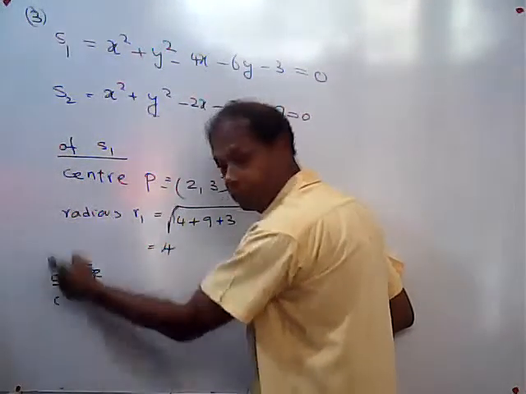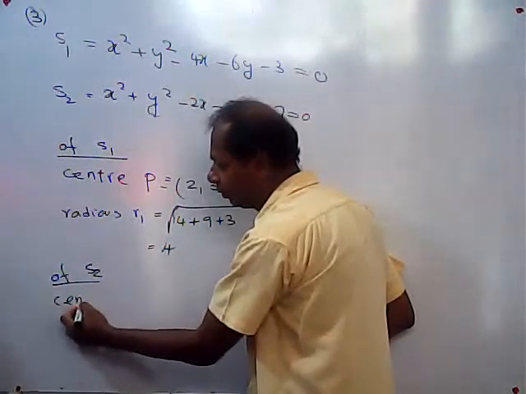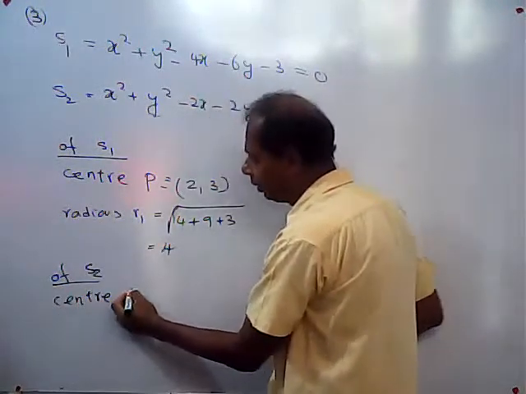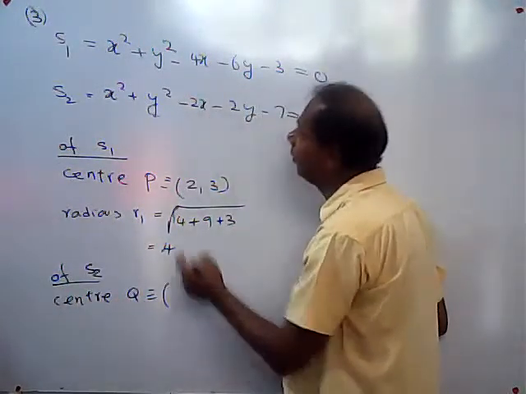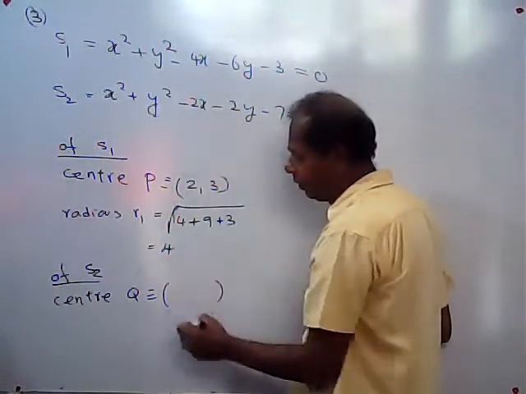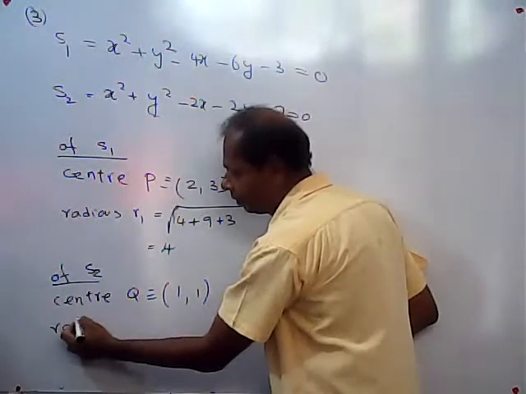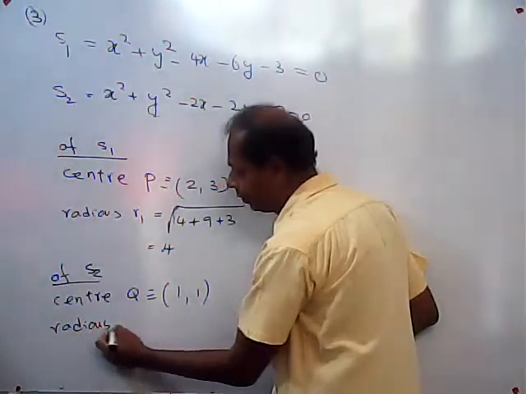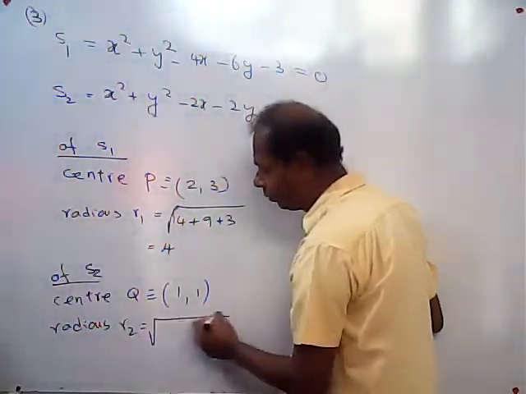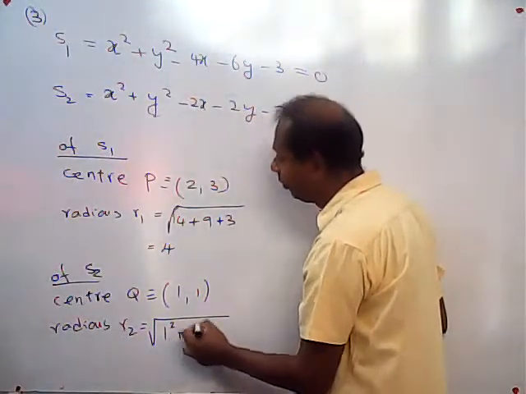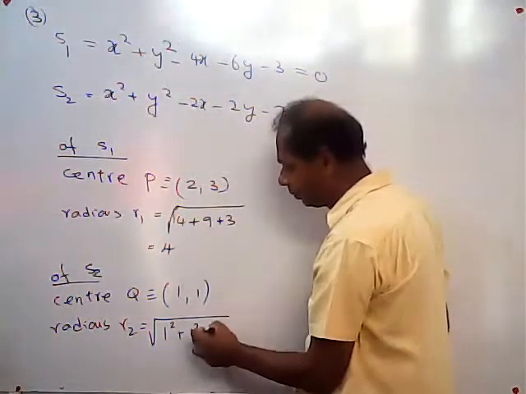Then we go to the second circle S2. Center, say Q, has coordinates (1, 1), and the radius R2 equals root of 1 squared plus 1 squared plus 7.